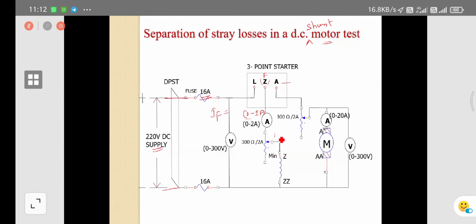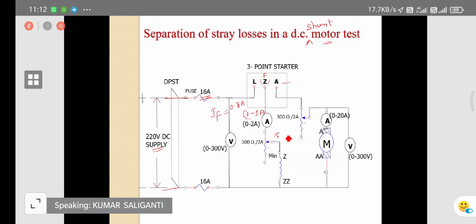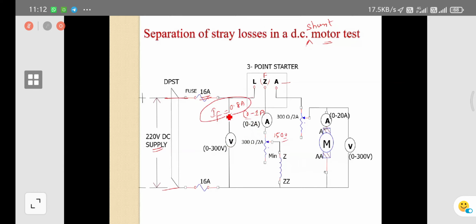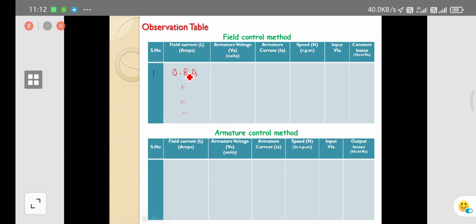Whenever the field current is 0.8 amps, you take the speed, which is 1500 rpm. At that point I get the field current of 0.8 amps, so I have kept it at 0.8 amps.